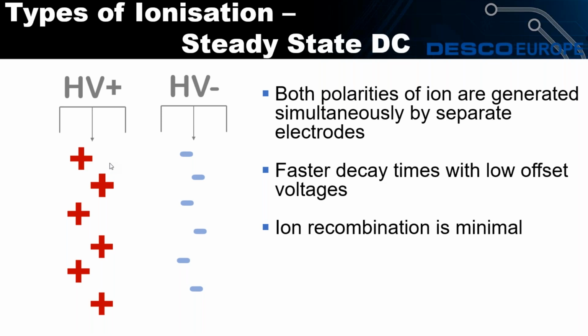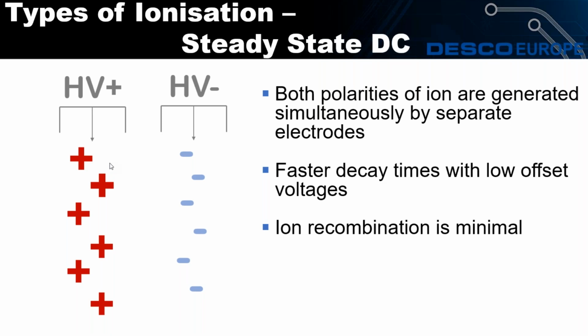Now, I'll just talk about low offset voltage a little bit. What you will have is, if you are putting an excess of either positive or an excess of negative ions into the area, what you're actually doing, excuse me, is you're inducing a charge into the area, and that's not really what we want to be doing.